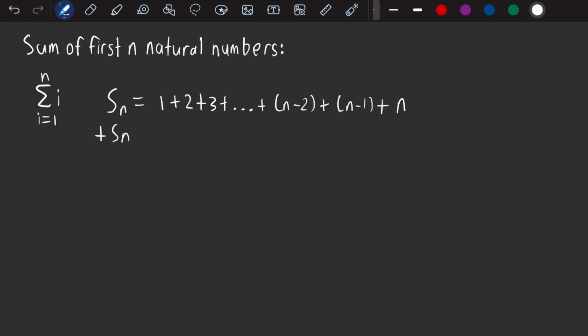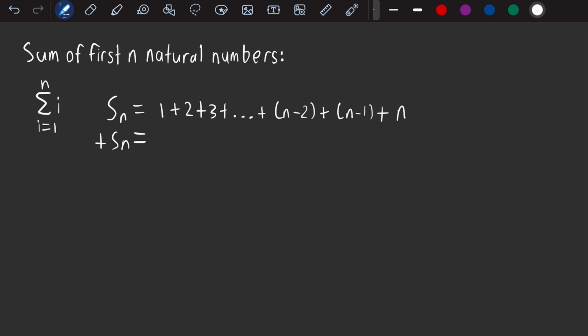So, if we add S sub n to itself, but reverse the order of this second S sub n, that means that n comes first. It's going to be n plus n minus 1. Oh, it's supposed to be a 1 there. n minus 1 plus n minus 2 plus dot dot dot 3 plus 2 plus 1.